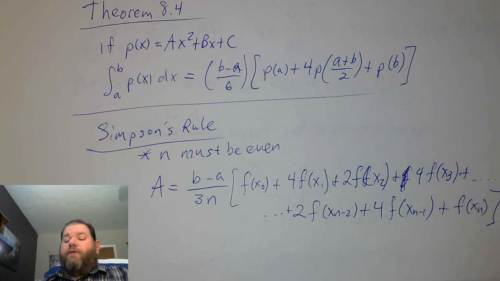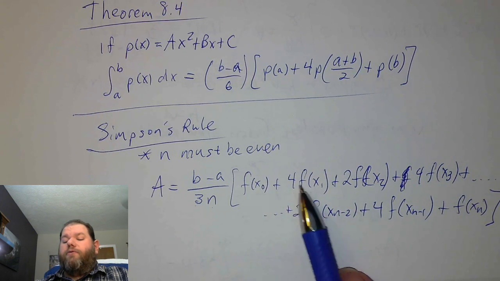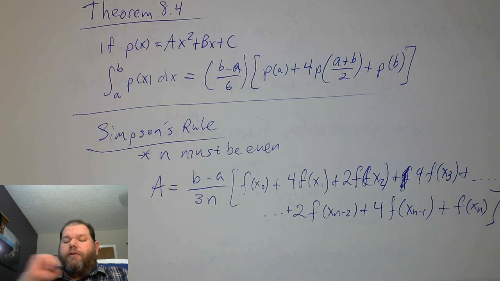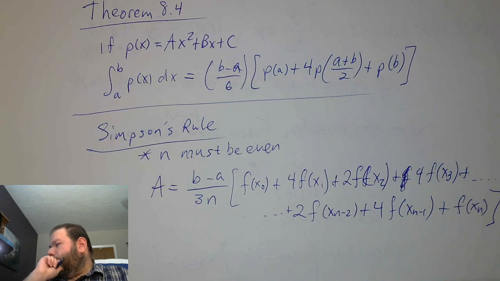Once we get to n equals 4, though, it'll be 1, 4, 2, 4, and then 1. So it really just depends on how many terms we have, what exactly this is going to look like inside.